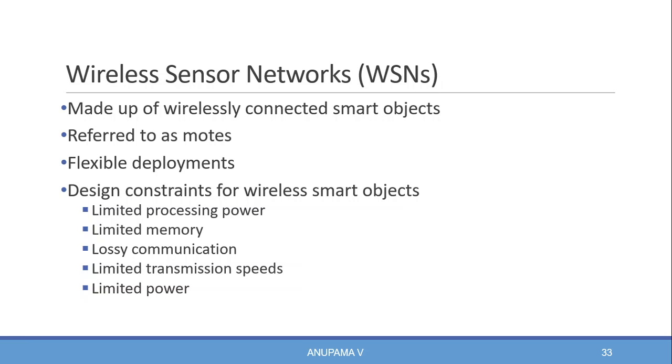But there are a variety of design constraints to consider in the wireless sensor network, that is when the smart objects are wirelessly connected. The design constraints are limited processing power, limited memory, lossy communication, limited transmission speed, limited power, etc.